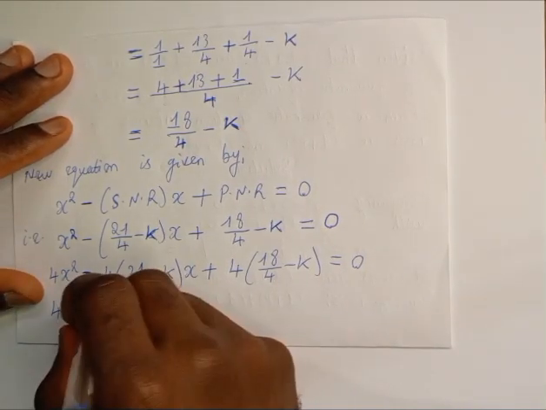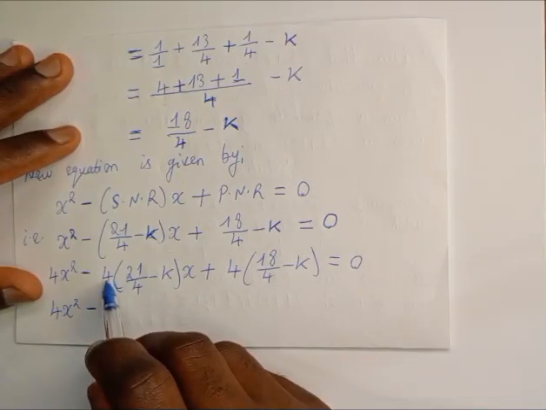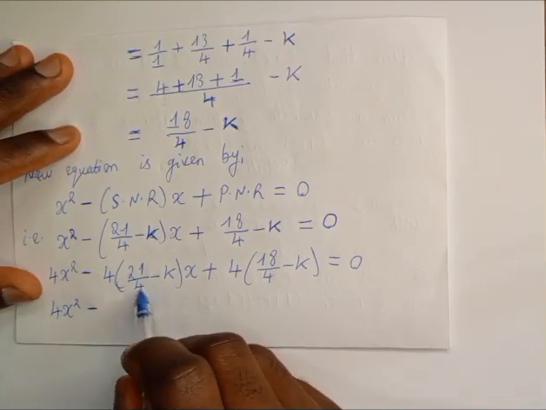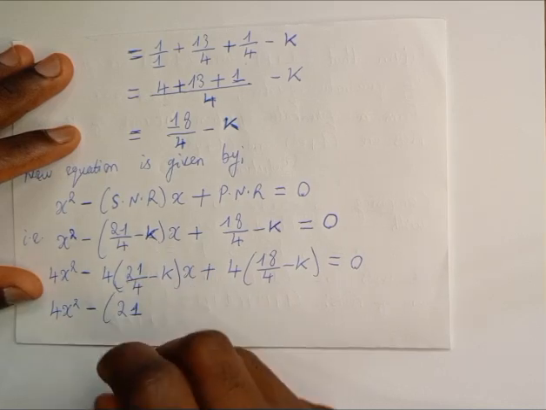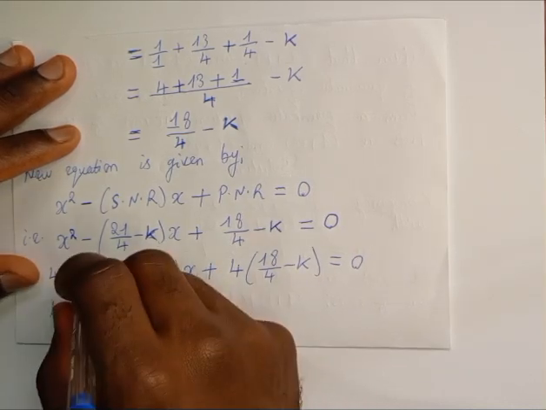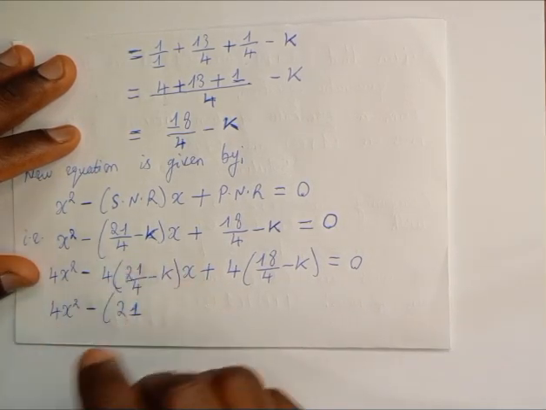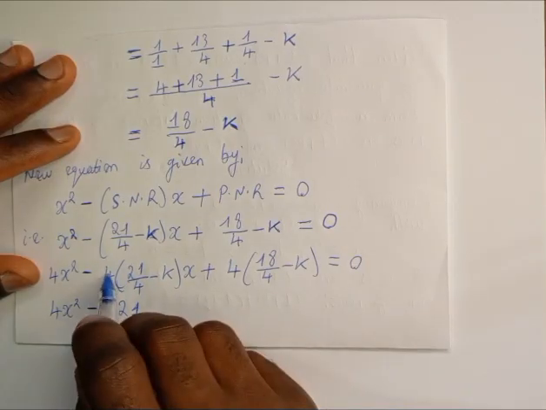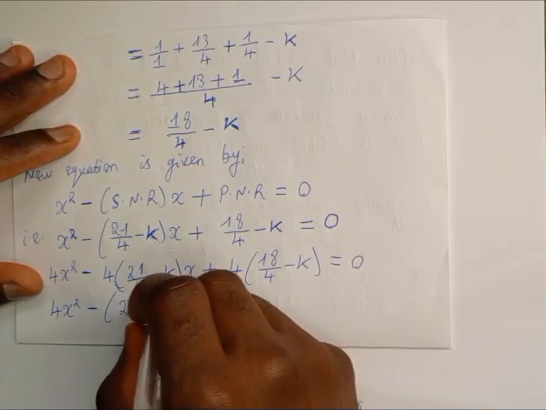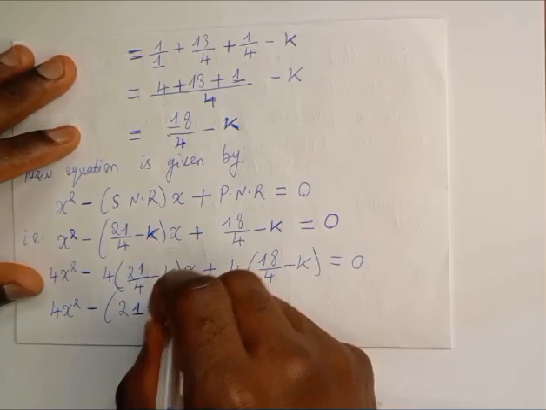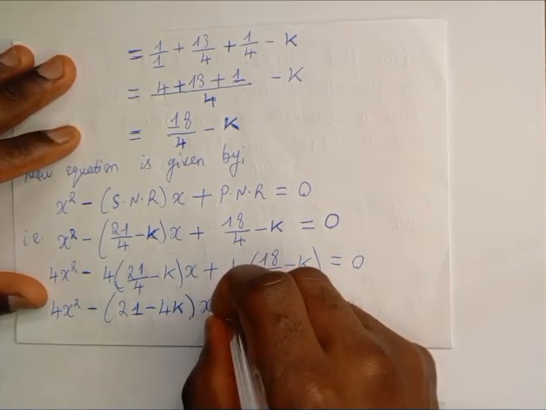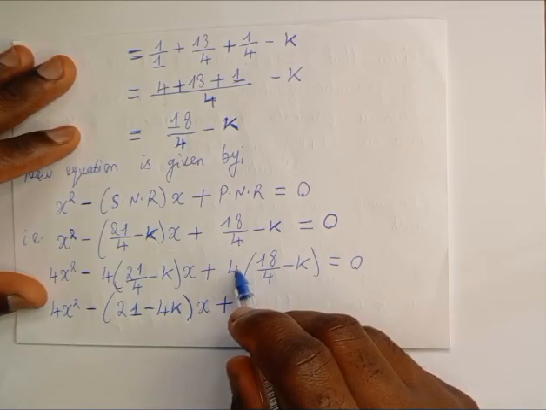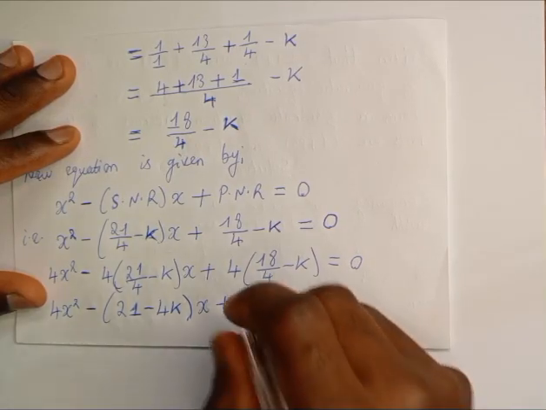This will give us 4x squared minus, put the negative sign, we take 21 over 4 times 4 gives 21. We are going to leave the negative sign out. Then we take 4 times negative k, minus 4k, like this, times x plus 4 times 18 over 4.